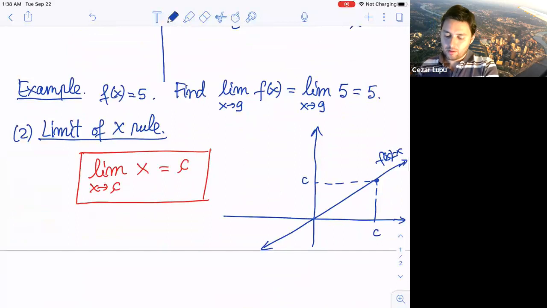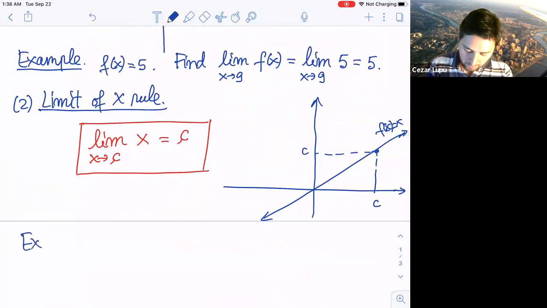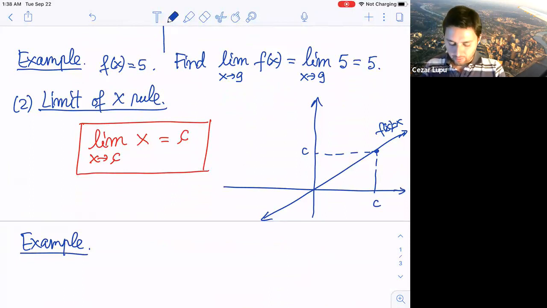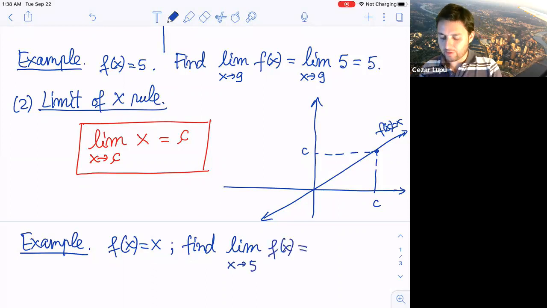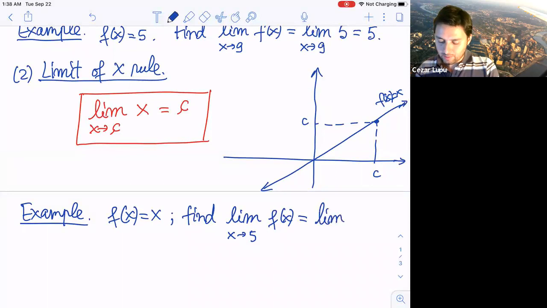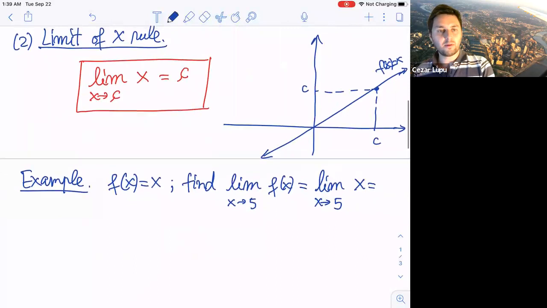All right, so let's give a quick example. What if we take f of x to be x, right? And we want to find the limit as x approaches 5 of f of x. Well, this is nothing else than just the limit as x approaches 5 of x. And as you can see above, this is nothing else than just 5. We replace x by 5.